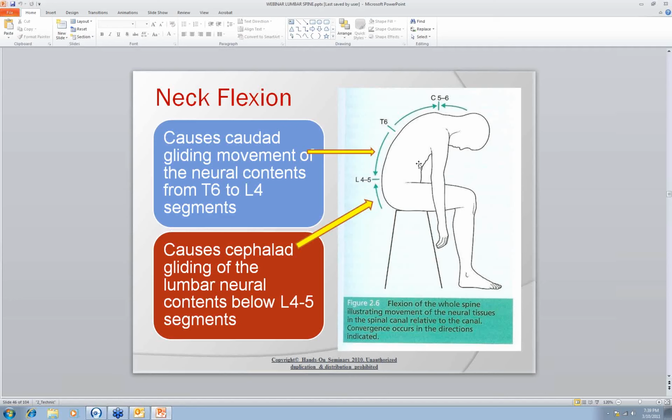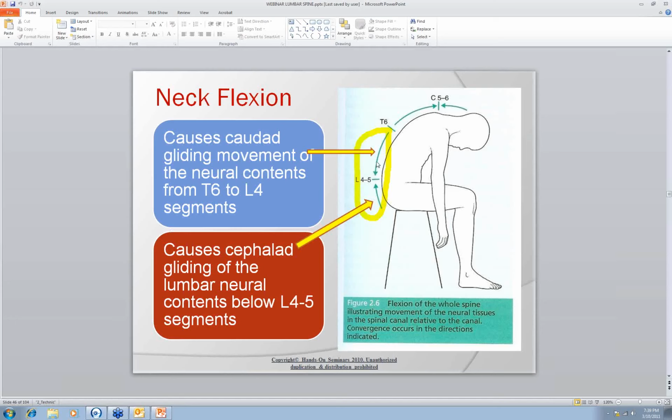This is very important because this property, the area of the gliding, is what we utilize to classify and diagnose the specific dysfunction as a caudal dysfunction or a cephalad dysfunction.